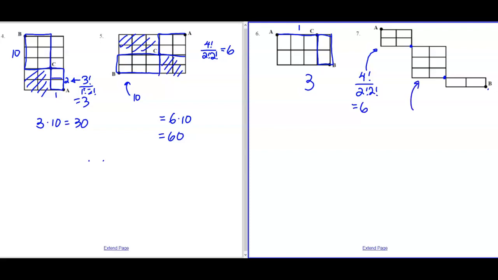This one is the same, 5 factorial over 2 factorial, 3 factorial, which is 10. And this one's the same as the other one we did. 3 factorial, 1 factorial, 2 factorial, equals 3. So for all 6 of those, there's 10 of those. For all 60, there's 3 of this. So it's going to be 6 times 10 times 3.